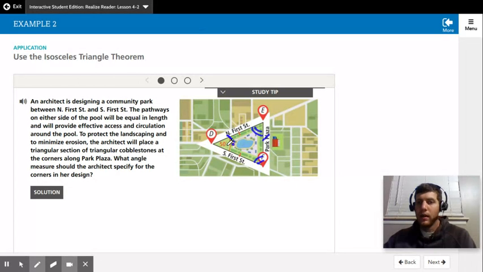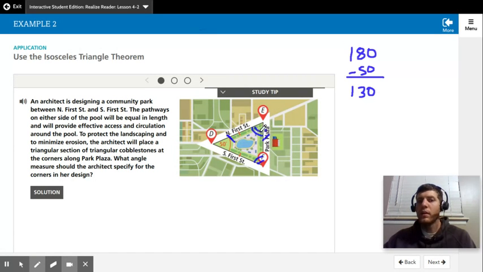Okay. They give us the measure of angle D, and we know the three angles of a triangle have to add up to 180. So we can do 180 minus 50, which is going to be 130. So we know that these two angles here have to add up to 130, and they have to be equal because they're congruent. The angles are congruent, so their measures have to be equal.